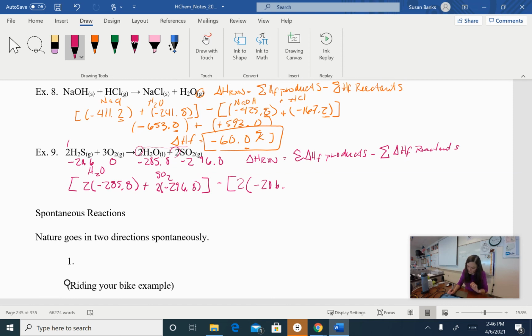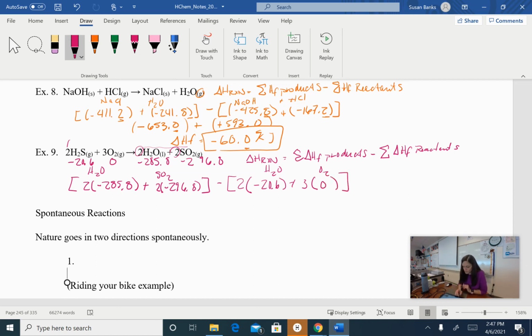No, 20.6, not 206, 20.6. I'm reading my notes wrong. Sorry. So 20.6. And I have 3 for my oxygen. And oxygen is 0 because it is an element.